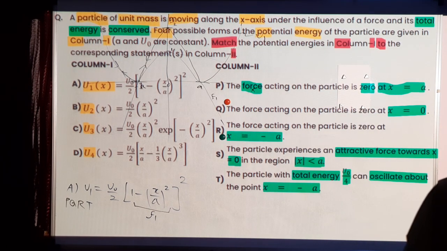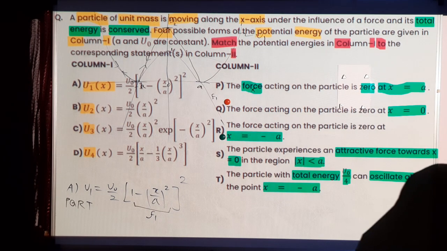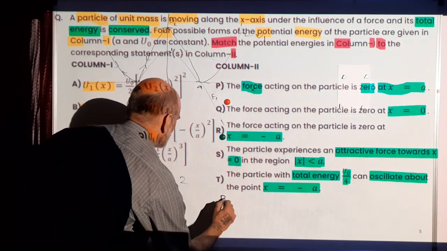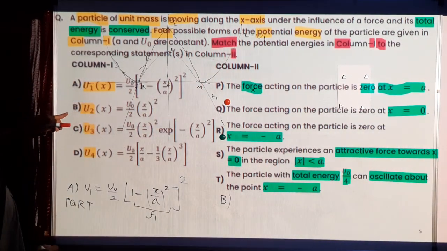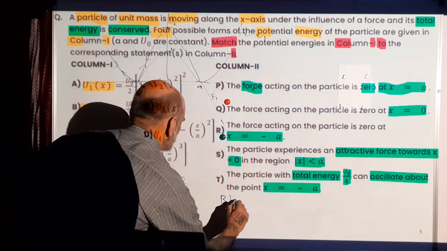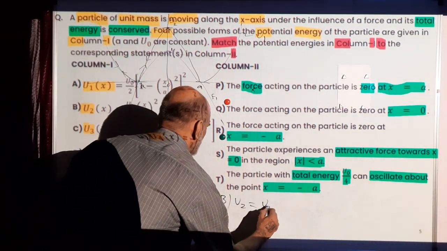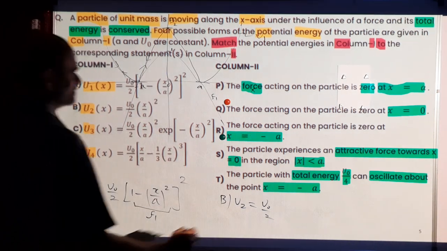Next is the function U2. For statement B, U2 is U0 by 2 times x by a, whole square.